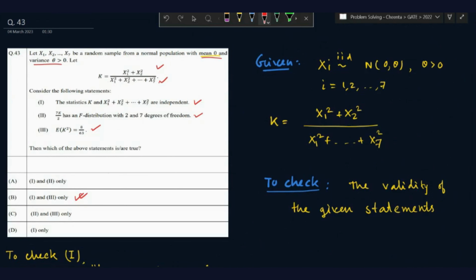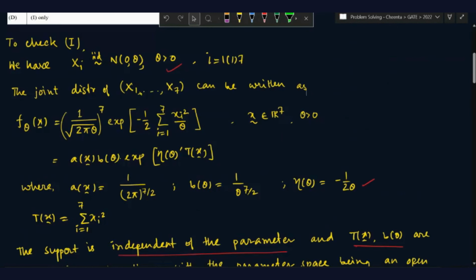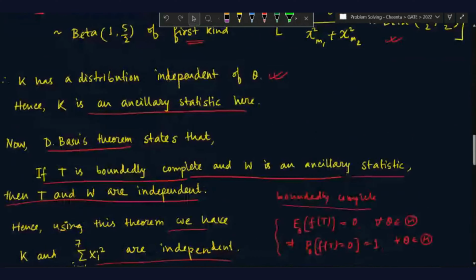This is one thing, and the next thing is to apply Basu's theorem, that is, an ancillary statistic and a boundedly complete sufficient statistic are independent. We used that fact there, so that is another objective. And the third one is to check the expectation and variance of a beta distribution of the first kind, and then apply it in the problem.